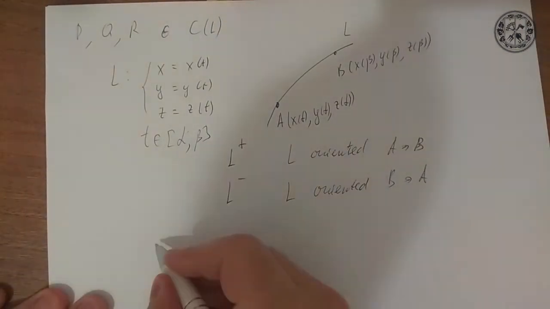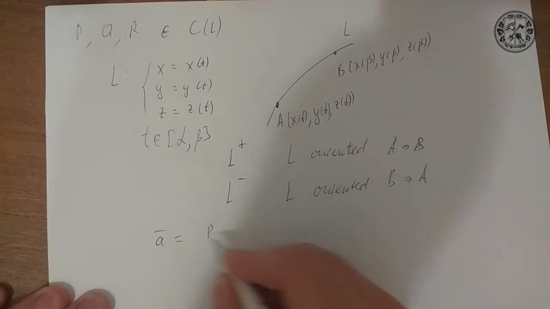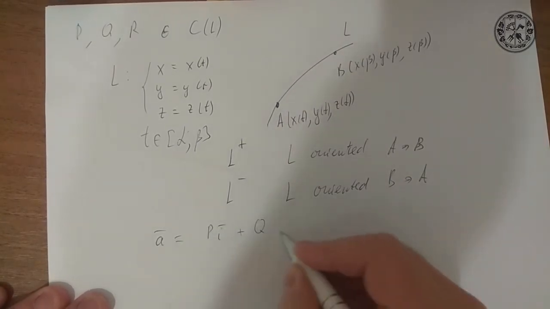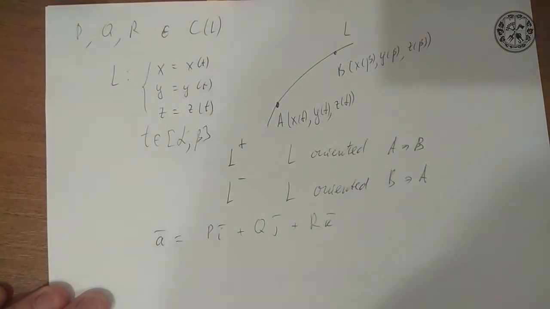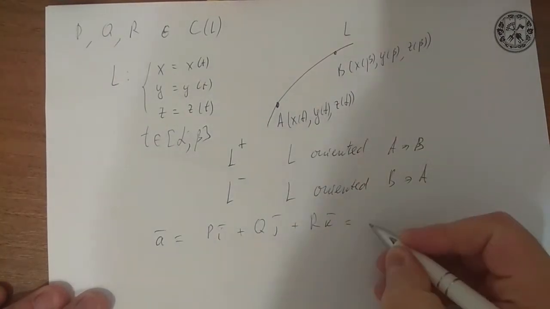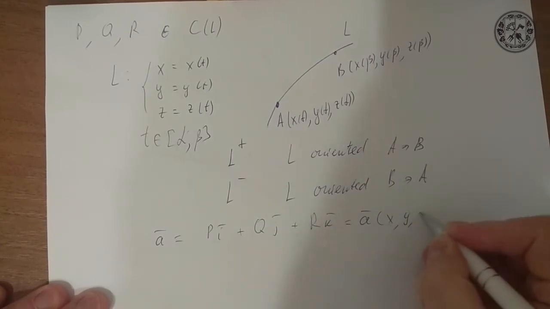Let us now consider the vector function A that consists of P i plus Q j plus R k, or the function that can be just written as A of x, y, z.